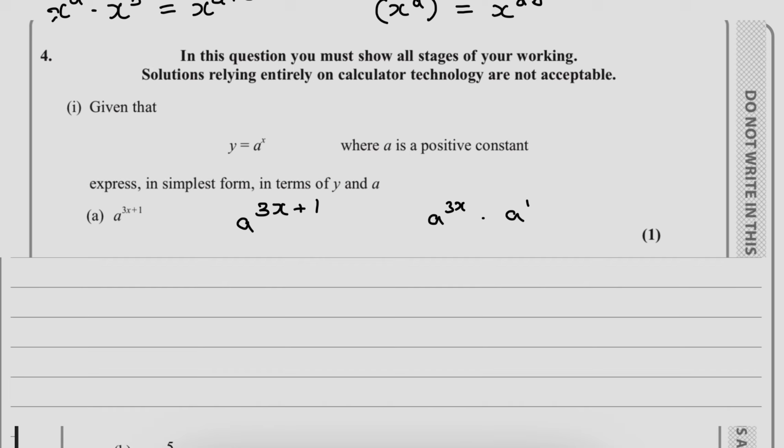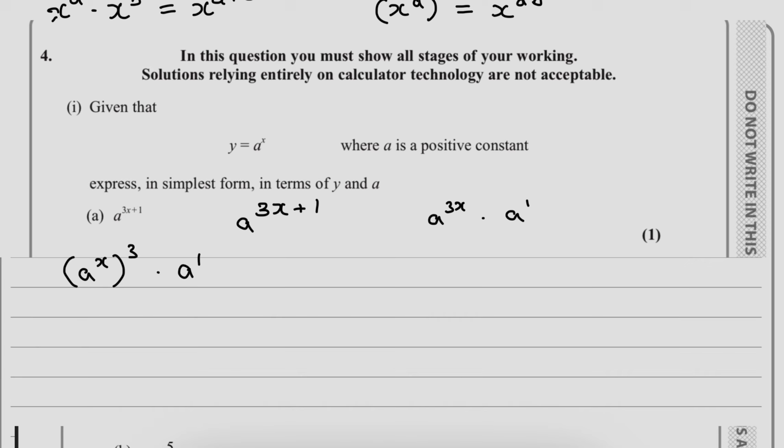Then what do we simplify next? a to the power 3x. It's being multiplied, so we know that one of them is a power. Now powers are interchangeable because they're going to end up being multiplied either way, so you can write whichever you want first. However, we do want it in terms of a to the power x, so I'm going to write that first. So a to the power x, all of it to the power 3, multiplied by a to the power of 1.